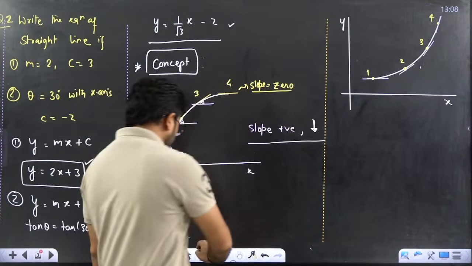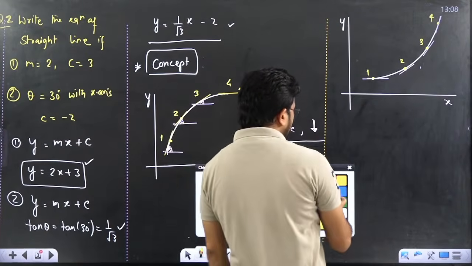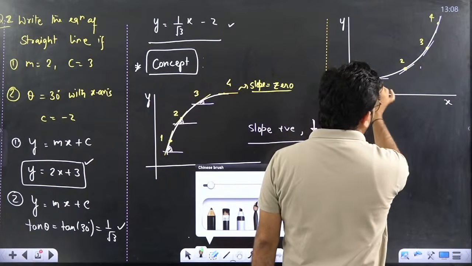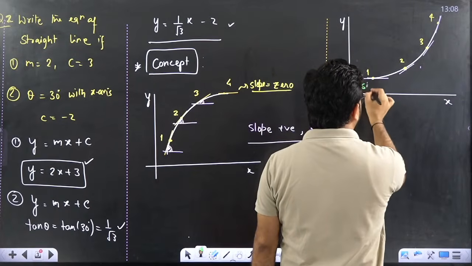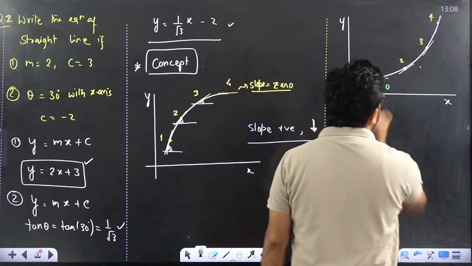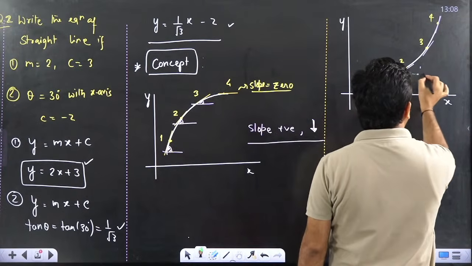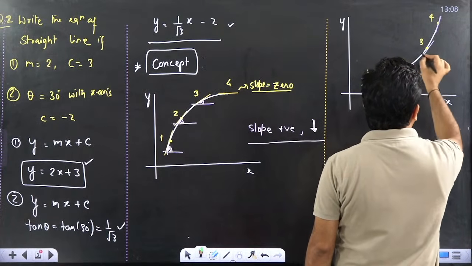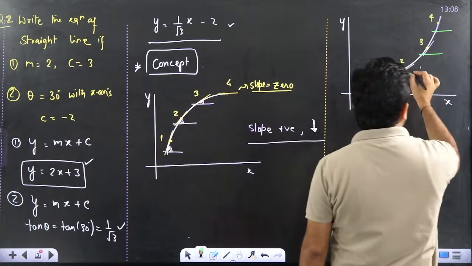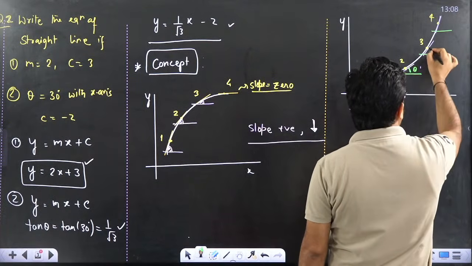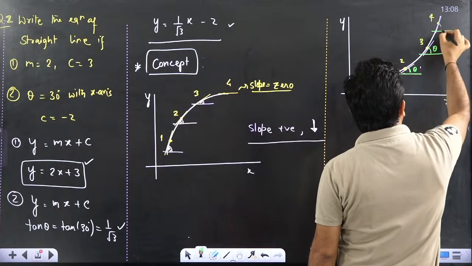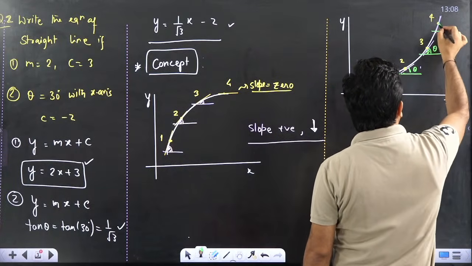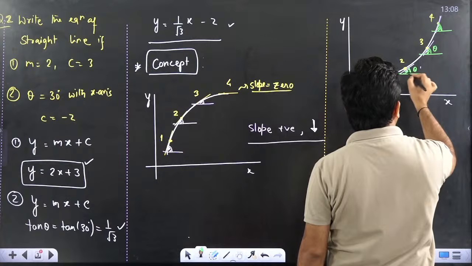Please understand this. Now what is happening here, beta? This is already parallel to the x-axis. That means its slope is 0. Here, if you are drawing it with the x-axis, this angle is less, this angle is a little more, this angle is a little more. So this angle is continuously increasing.